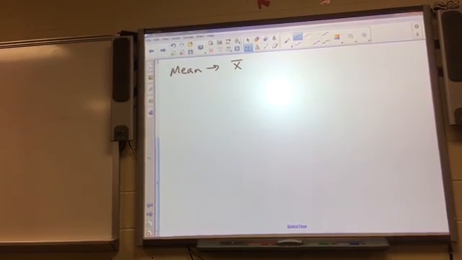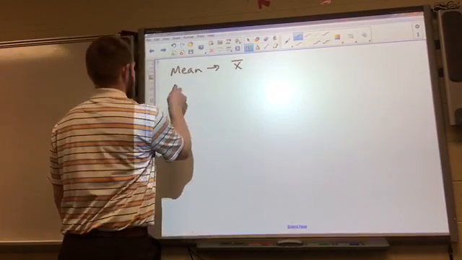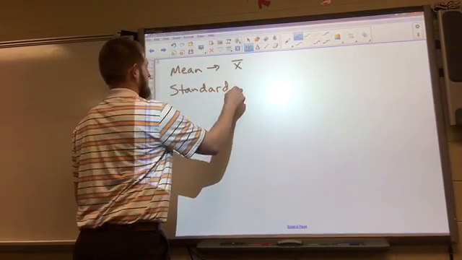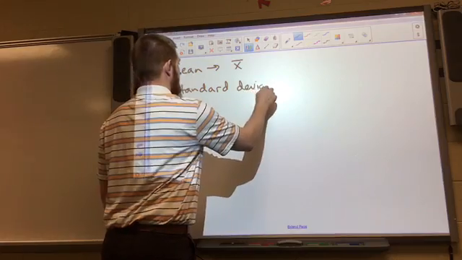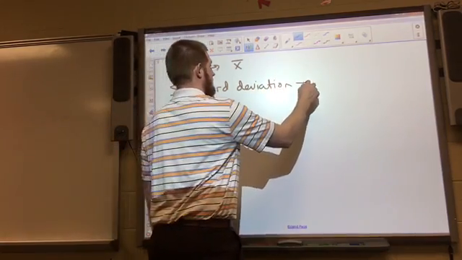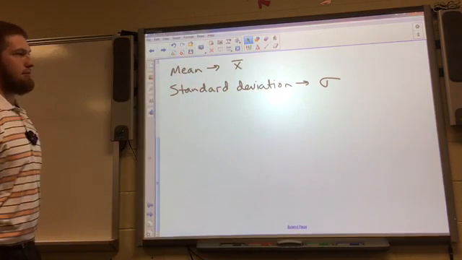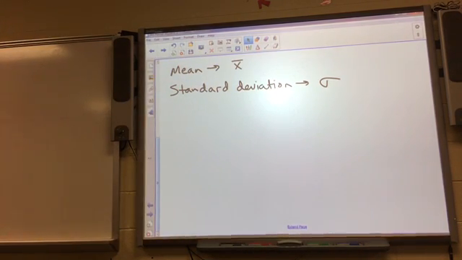Your standard deviation is going to be a symbol that looks something like that. That would be sigma. Hopefully I'm remembering that correctly.